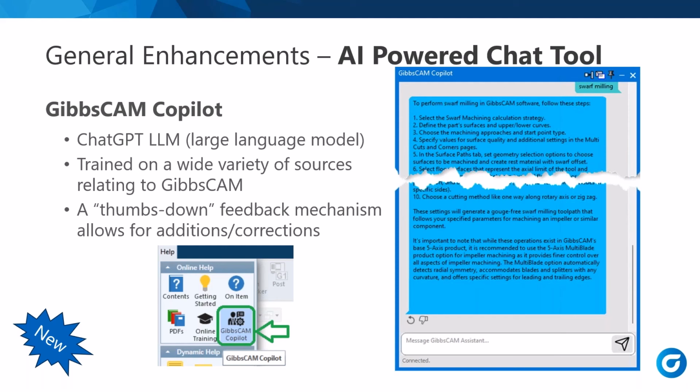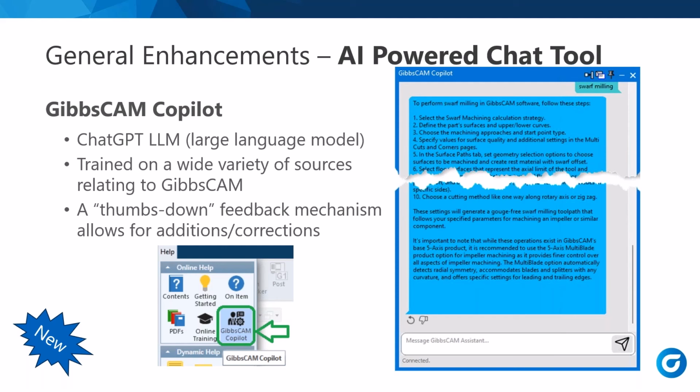GibbsCAM Copilot is accessible through the help menu. Basically it's just a ChatGPT utility, so you can input a question or a topic. You can see I entered swarf milling, and it told me what I have to do to perform swarf milling in GibbsCAM, and even some additional tips down at the lower portion.